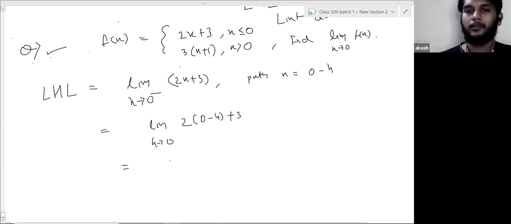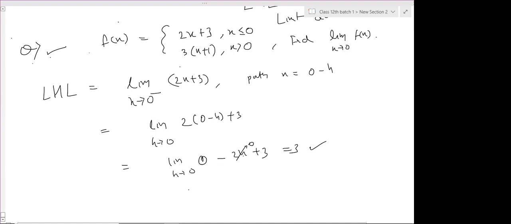So this is limit h tending to 0, 0 minus 2h plus 3. So we can put h equals to 0. This becomes 0. The answer is 3. Right? This is clear to everyone? Yes or no? Yes, sir.